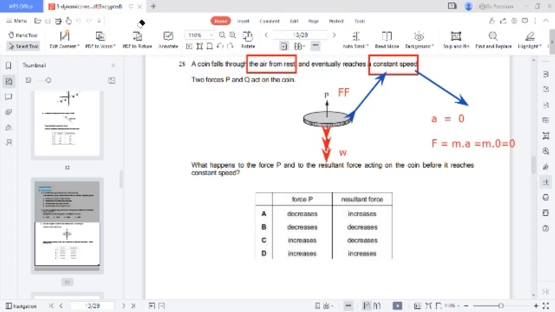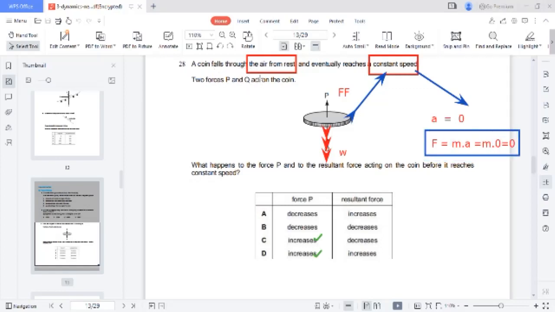With the passage of time, P increases to become equal to Q. So before reaching the terminal velocity or constant velocity, P increases and the resultant force decreases to 0. You can see at the end the resultant force is 0.